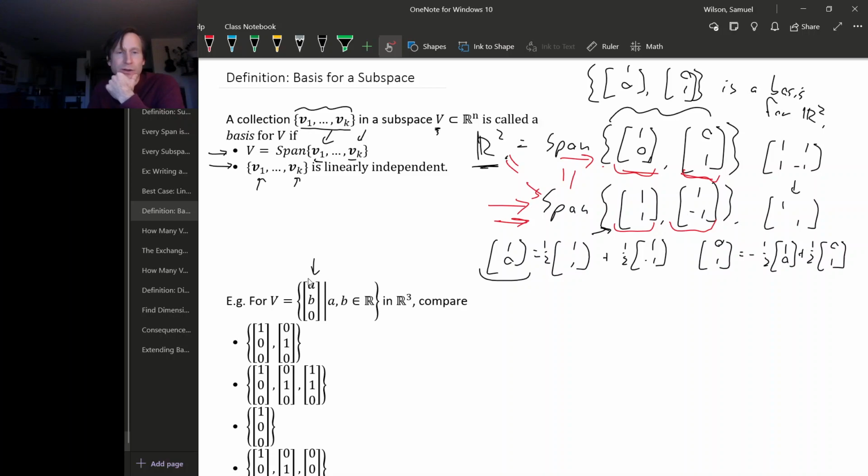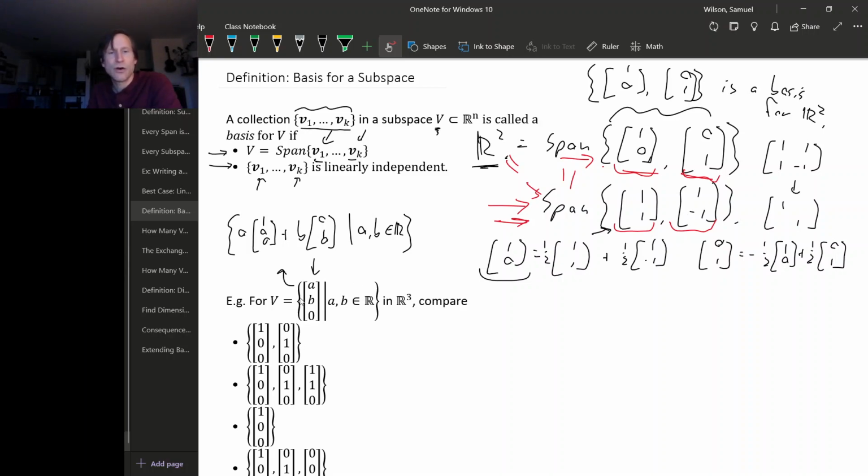One way to try to figure that out is to try to find a set of vectors in here that spans this set. Well, like we did with the previous example, we could write this vector (a, b, 0) as a times (1, 0, 0) plus b times (0, 1, 0). Right? And a and b are scalars.